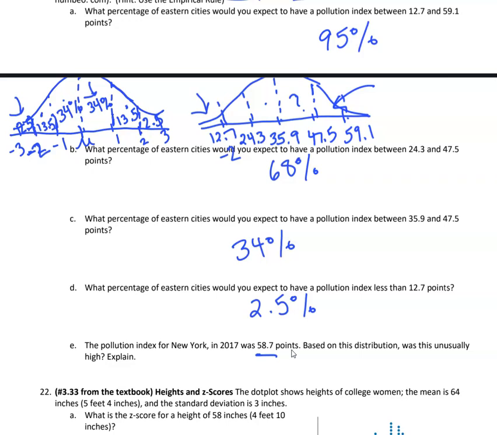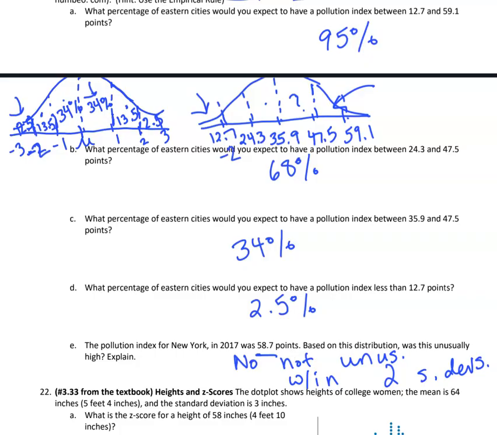So if you're at 58.7, are you still within 2 standard deviations? The answer is yes, you are. So no, you are not unusual, because you're still within 2 standard deviations of the mean. And that's our cutoff for unusual values.